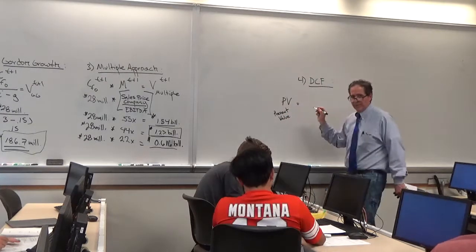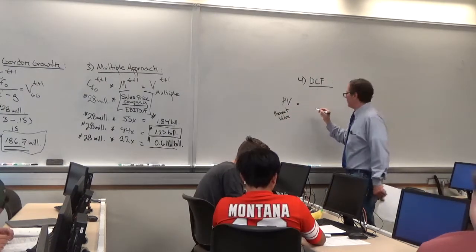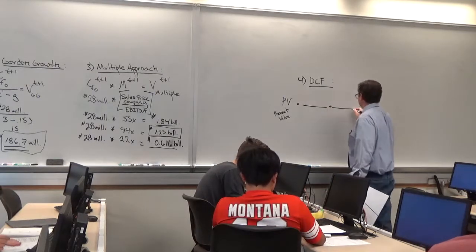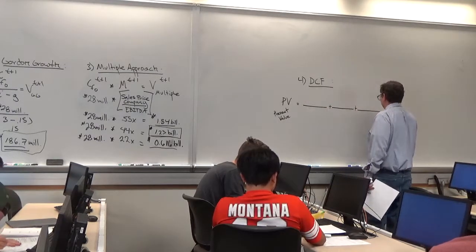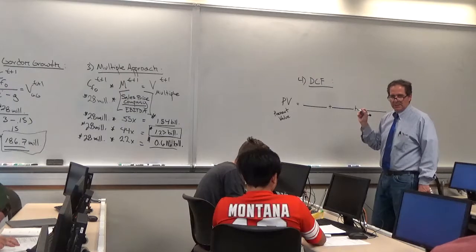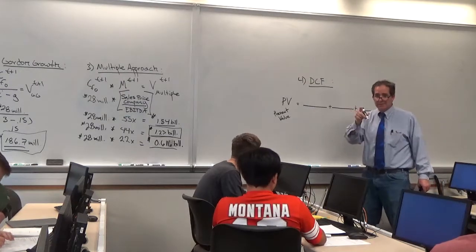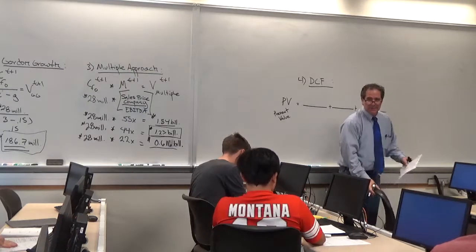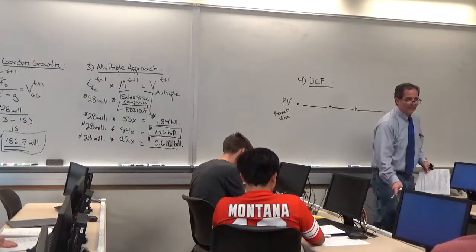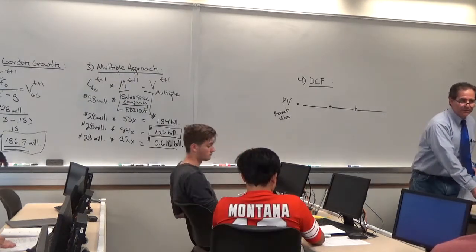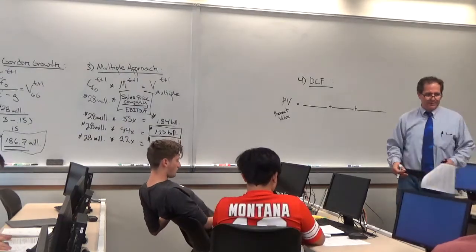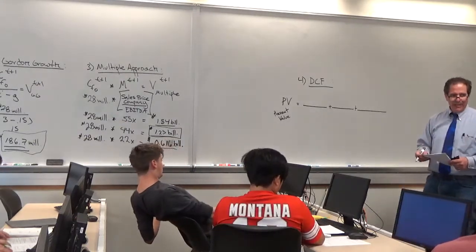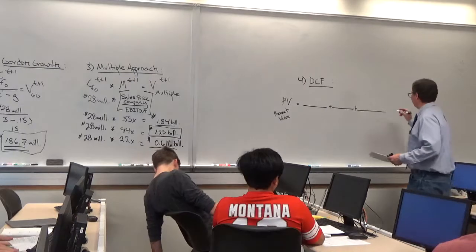And what's the holding period? 3 years. 1, 2, 3. Is that it? Plus the TV, the terminal value. Yeah, so to get the terminal value we need to do one more thing. I talked about it like 10 minutes ago. We have an extra year. Yeah, we have to grow it out one more year.